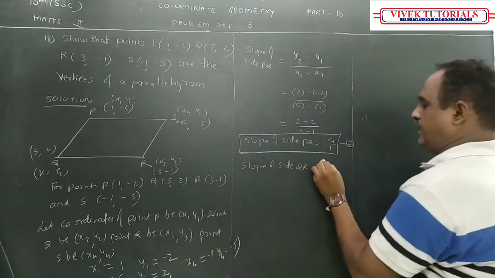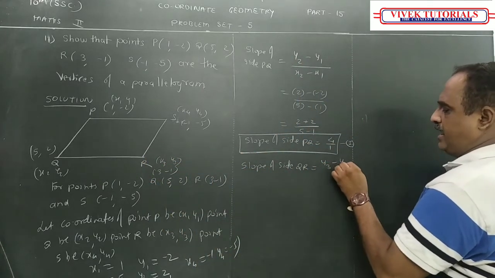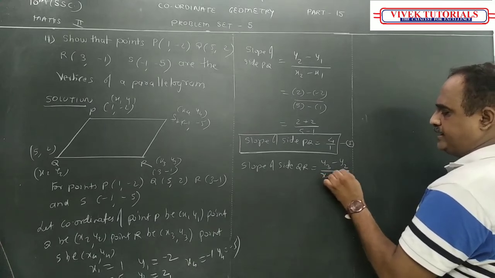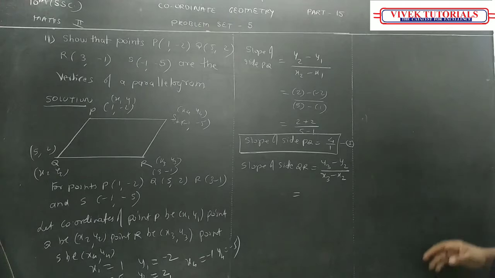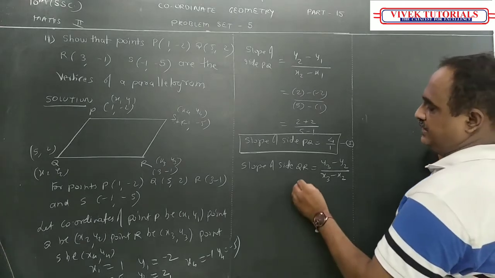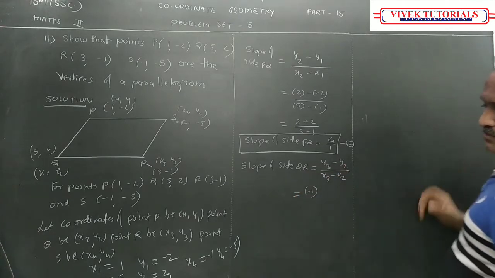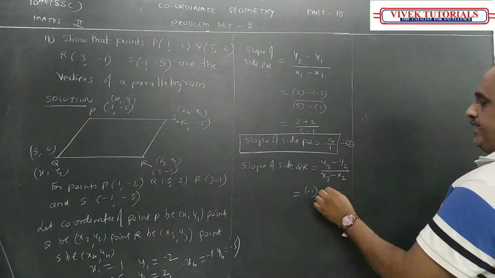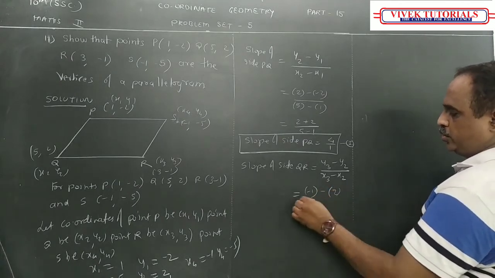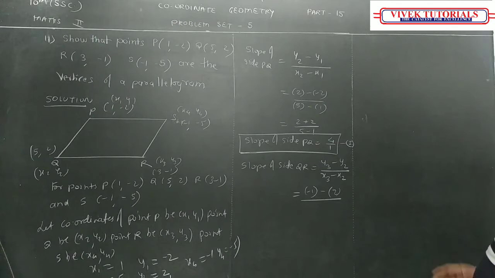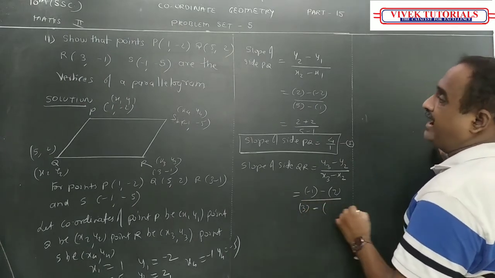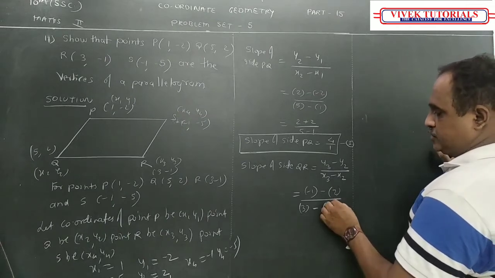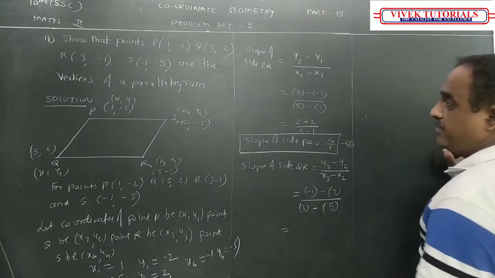QR is nothing but y3 minus y2 upon x3 minus x2. y3 is minus 1, minus 2 upon x3, x3 is 3, minus x2 which is 5.